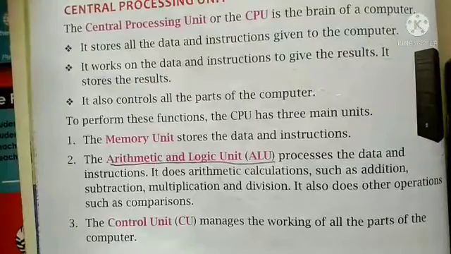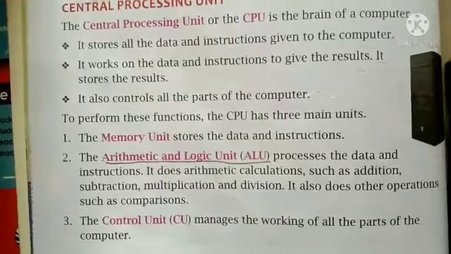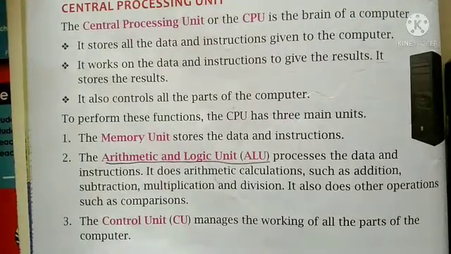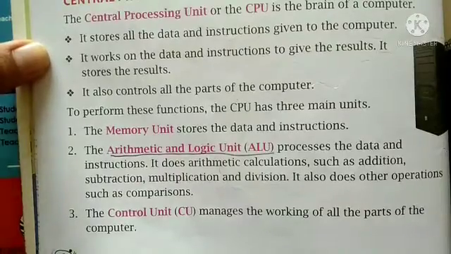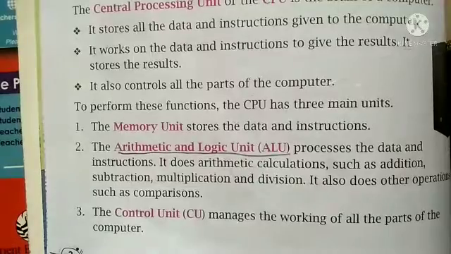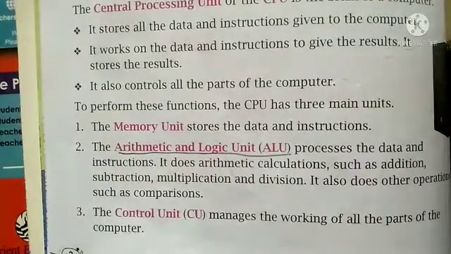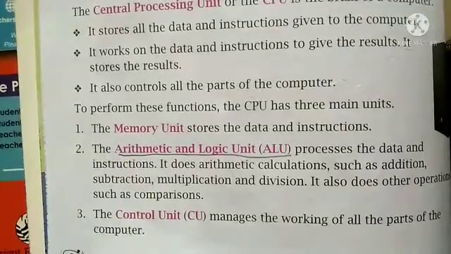It will compare numbers, which is the smaller number, which is the greater number. And the last unit is CU, that is control unit. It will manage the working of all the parts of the computer. All the parts of the computer, their functioning will be performed by the control unit, that is CU.